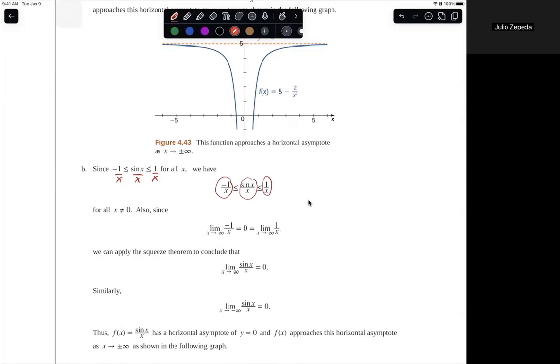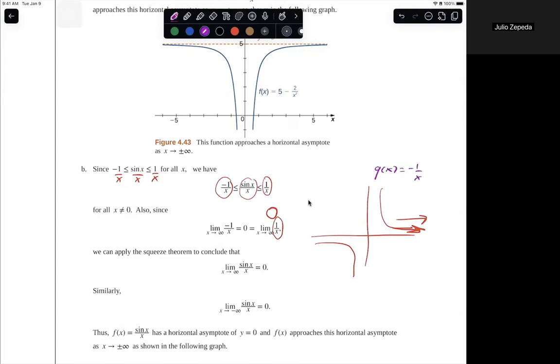And hey, 1 over x, we know the behavior of 1 over x. As x goes to positive infinity, 1 over x goes to 0. So this is 0. What about -1 over x? g of x equals -1 over x.